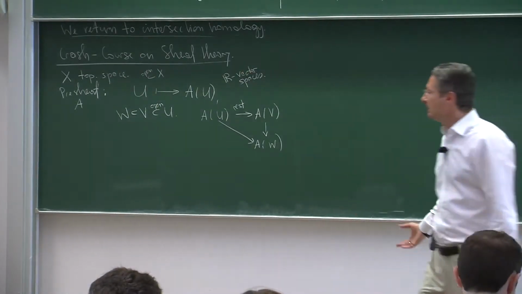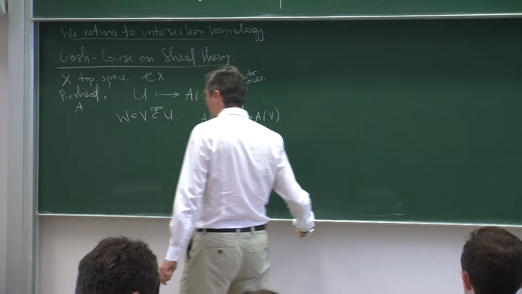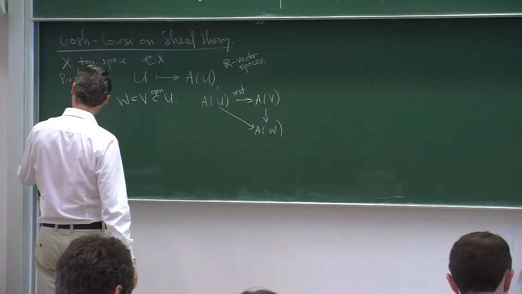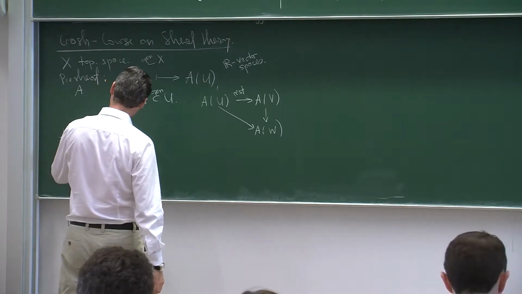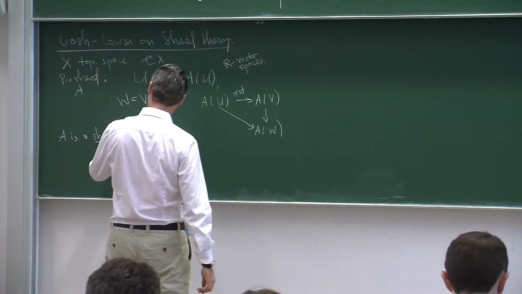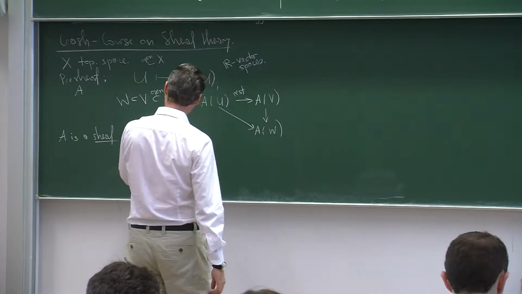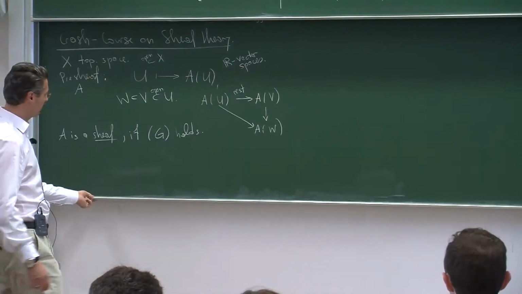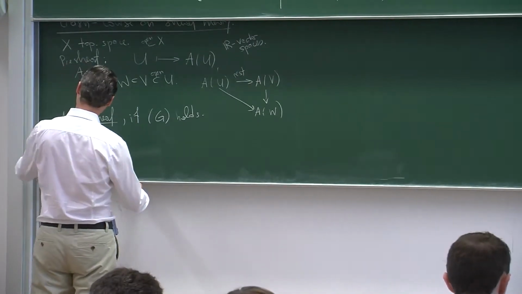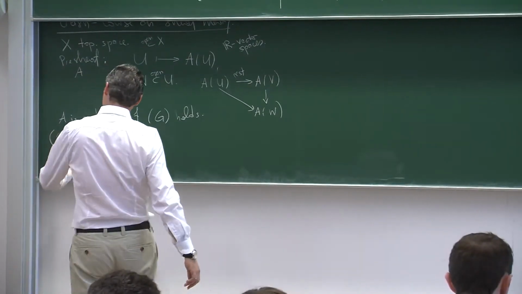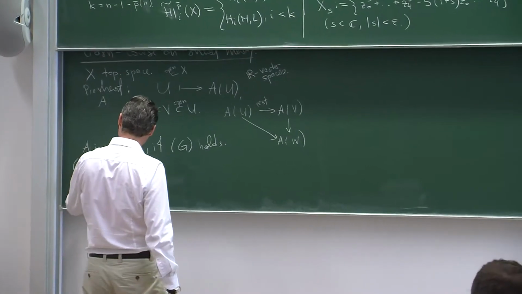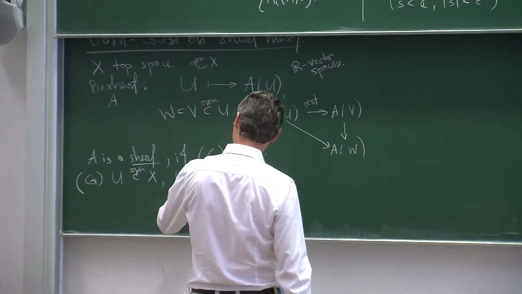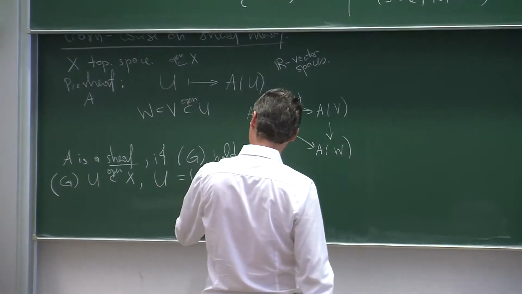That's what it is. So now, when is a pre-sheaf a sheaf? A is a sheaf if the following condition G holds. G stands for gluing. So we have a gluing condition, and it's the following thing. You have an open subset U in X, and you have an open cover U_i of that open subset. So all of this is given.